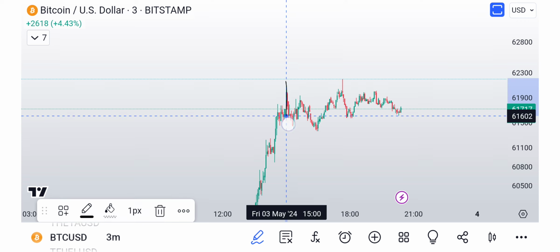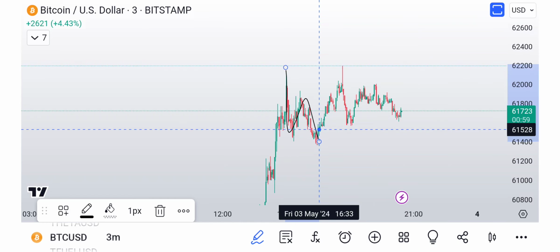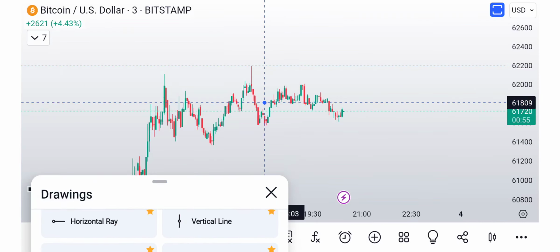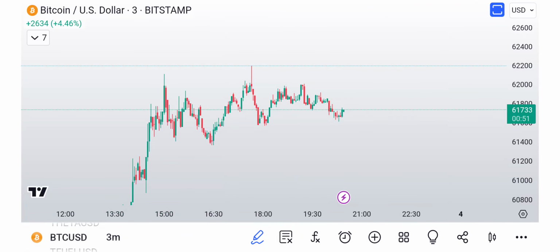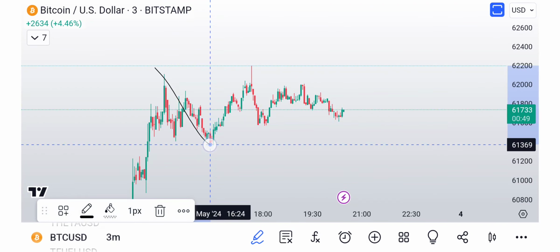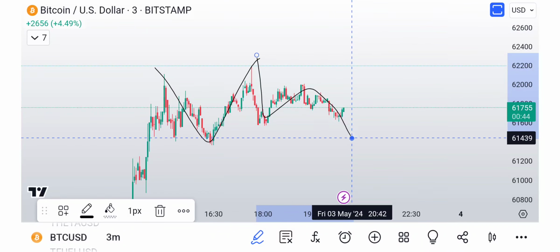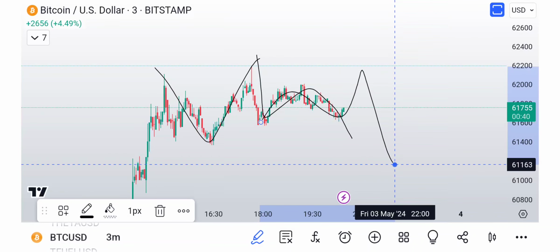Or we can have an ABC, right? It could be creating some kind of expanded flat. I mean, it's just too early to tell. It's ridiculous to look at the 3-minute, but just for fun, it kind of gives us an indication if we're going to break out A, B, 1, 2, maybe 3, or something like this.